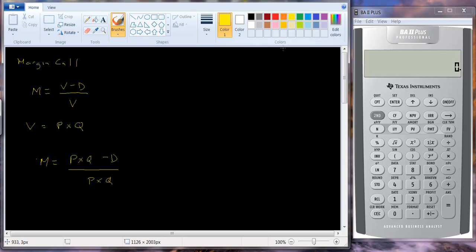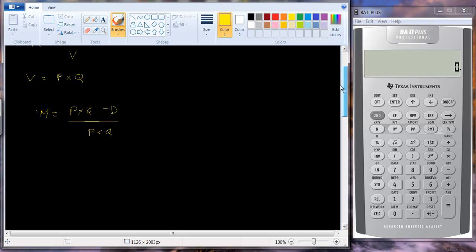So we've got to do a little algebra here, and I'll work this out for you, but in the end you can just work with the formula. Multiply both sides by P times Q to get this out of the denominator. So we'll have M times P times Q equals P times Q minus D. What can we do?